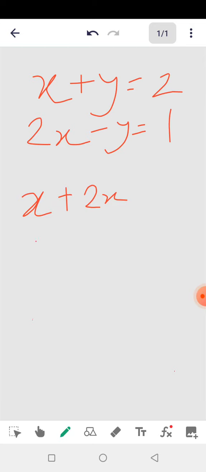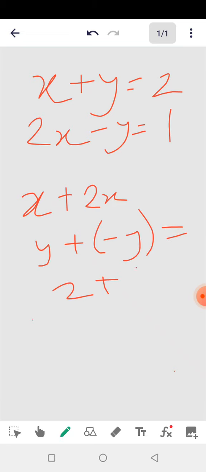If we have y plus minus y, I'm doing this because of space, we get 0, then everything will be equal to 2 plus 1. So finally we are going to be having 3x is equal to 3, but we'll divide both sides by 3. We're going to get x to be 1.